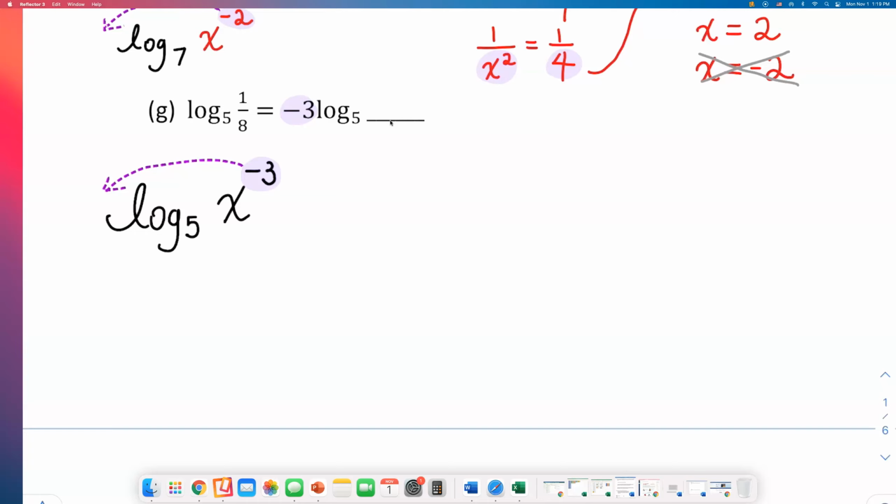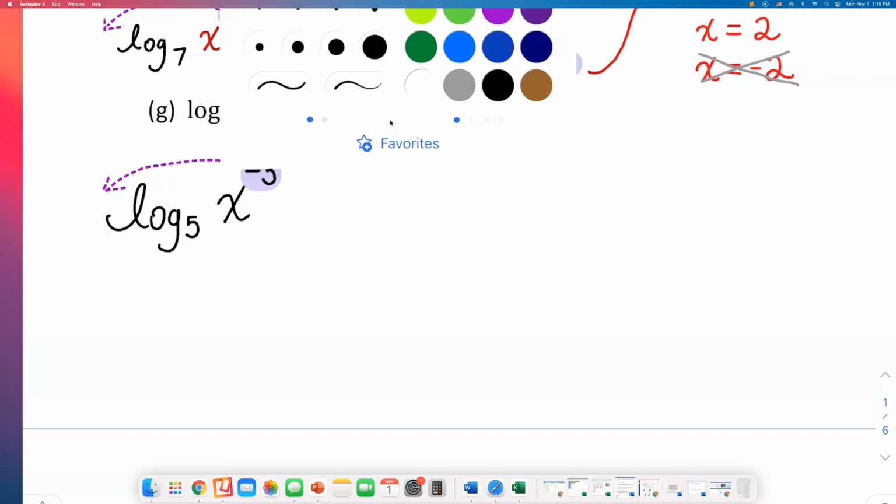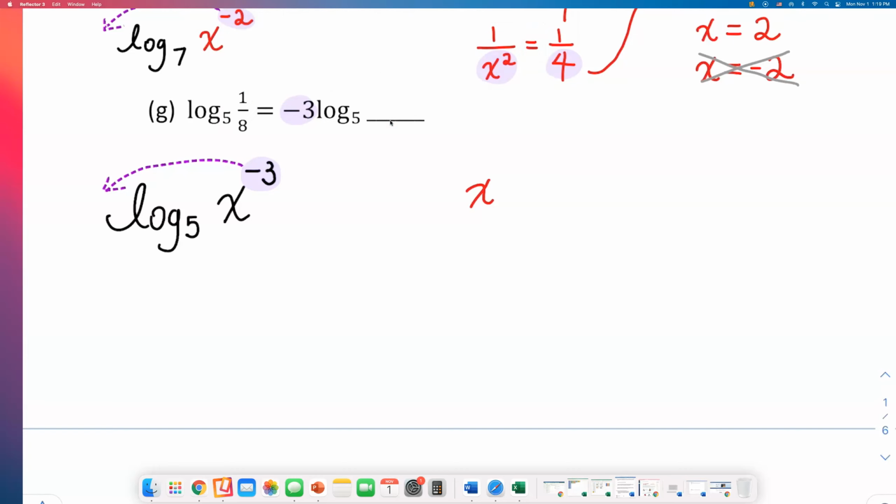So what I need to do is set up an equation first. I'm going to say that x to the negative third power is equal to 1 over 8. x to the negative third power equals 1 over 8. Well, that means 1 over x to the third power is equal to 1 over 8, which means x to the third power must be equal to 8.